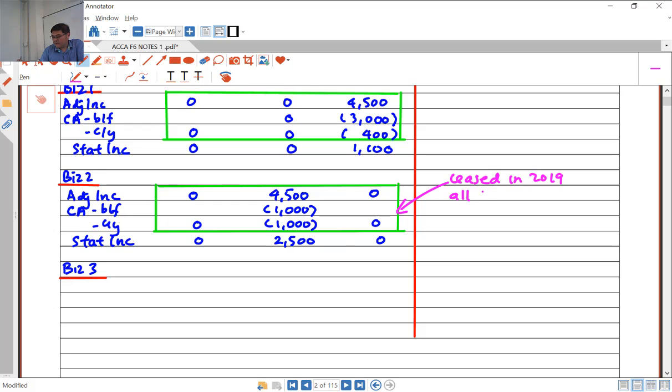So all the unabsorbed CA in Y19 will be permanently lost once the business ceased. So there's nothing I can do with that figure, 1,002. Alright? The 1,002, the CA is 1,002. Gone.